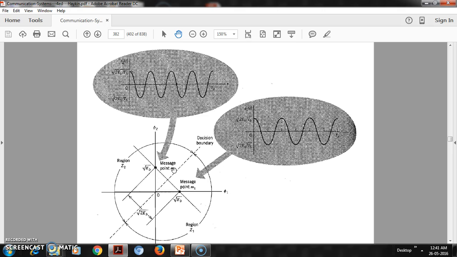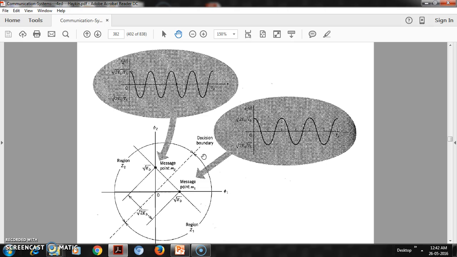Here we are actually mapping the probability as a function of space. So here there is a decision boundary. The equation for this decision boundary is x1 equal to x2. x1 is the output of the first correlator, which has the basis function phi 1. x2 is the output of the second correlator, which has the basis function phi 2. So x1 equal to x2 defines this decision boundary.